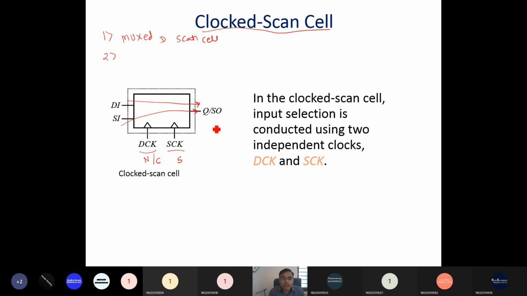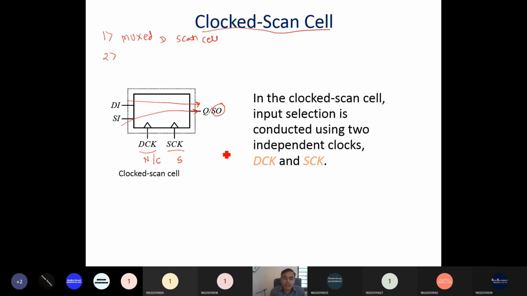Now we already have this: all the scan cells are connected in a chain, and it forms a shift register. So once you capture the data, then by applying the shift clock, the data is shifted up to the shift output. Right, the shift output is only one pin to observe all the internal node logic. So using only one pin, we can observe all internal node logic by shifting the data.